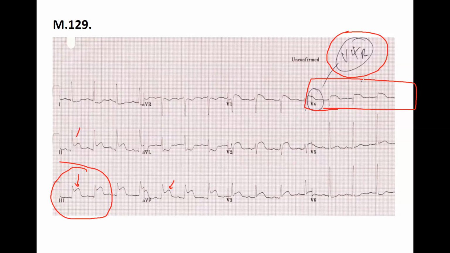This is why they put a reverse: you are not placing V4 on the left side, but in the same position on the right side. So that's a right ventricular STEMI. That's a tricky one, I know, but this is how it works.